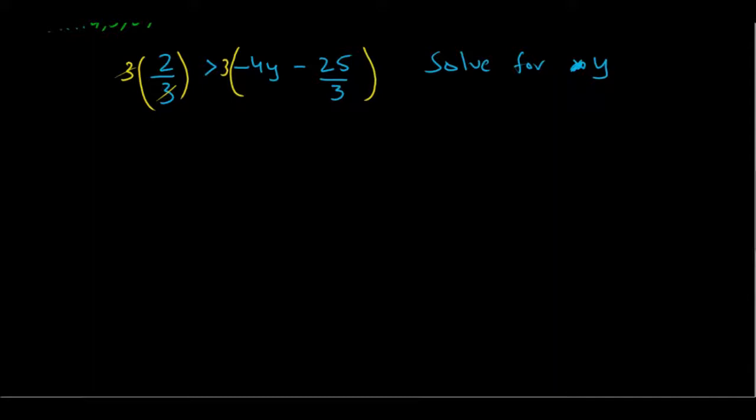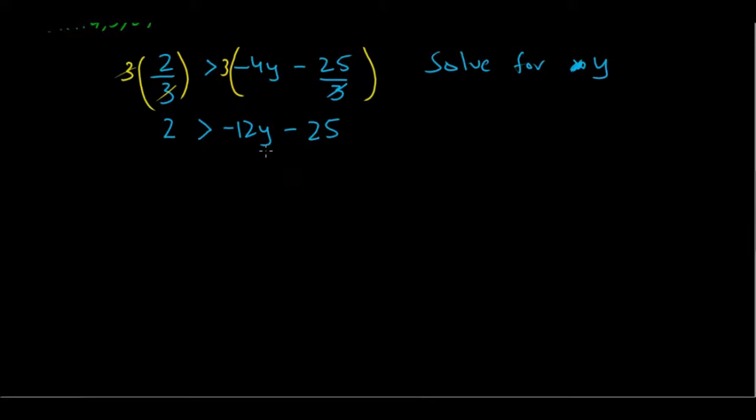I'll be left with a 2 greater than. Then on the right side, I have 3 times negative 4y. That will give me negative 12y. Then I have 3 times negative 25 over 3. Well, this 3 on the outside and this 3 will cancel, and the fraction goes away, and I'll be left with 25. Okay, simple enough.